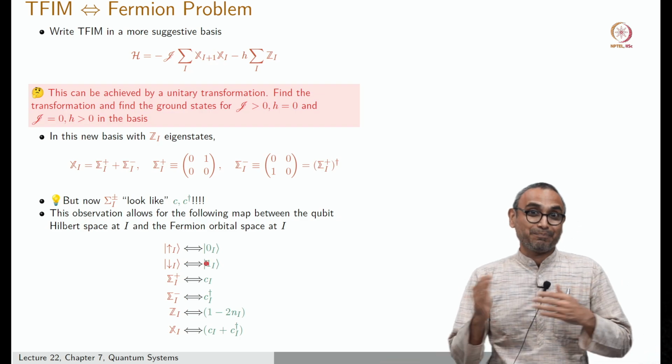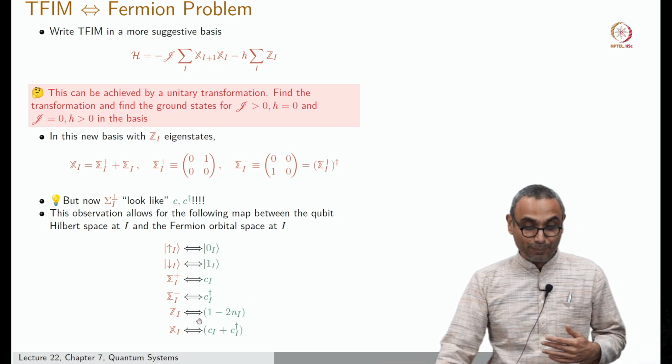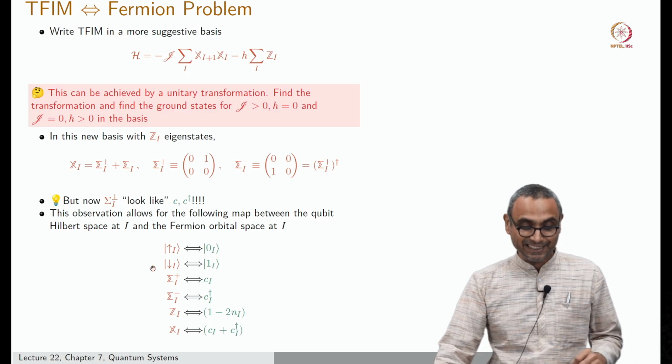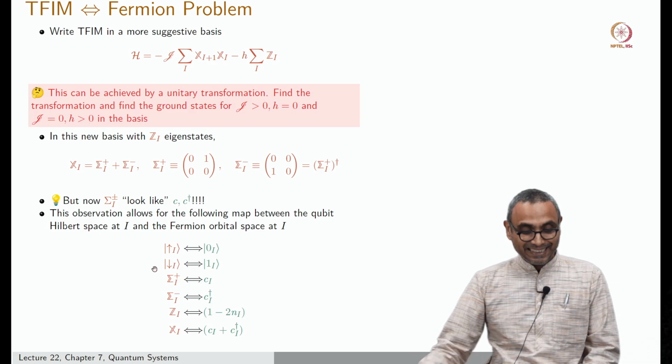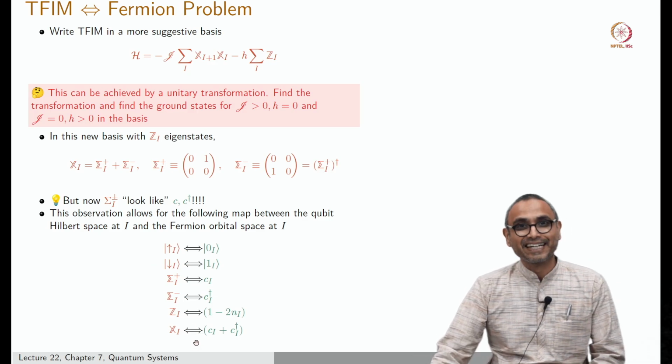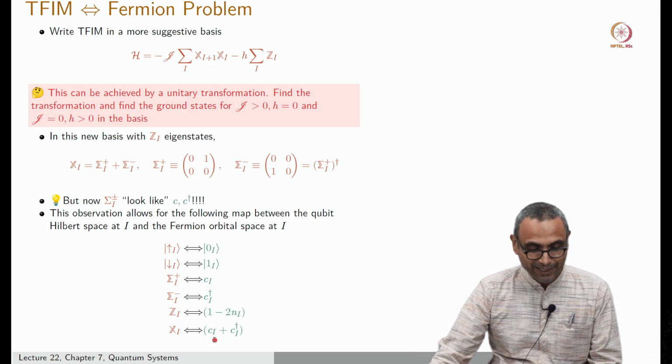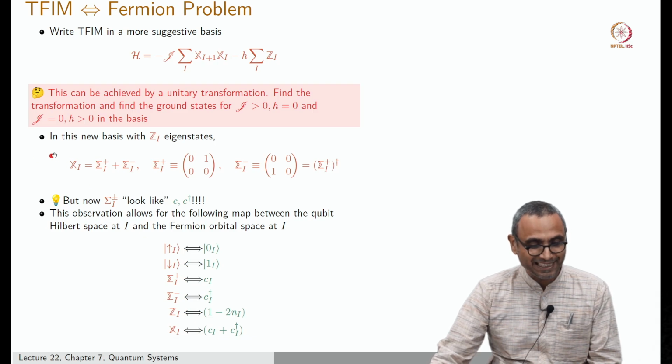So you see that the eigenvalues of this operator are the same on either side of the dictionary, if you wish. And the X i operator can now be immediately identified with C i plus C i dagger, because that's just this equation written in the C language.